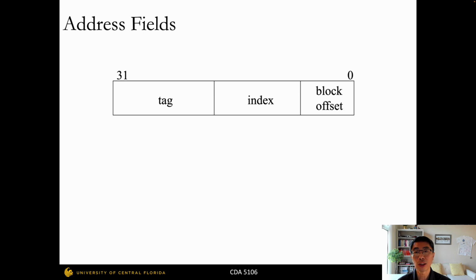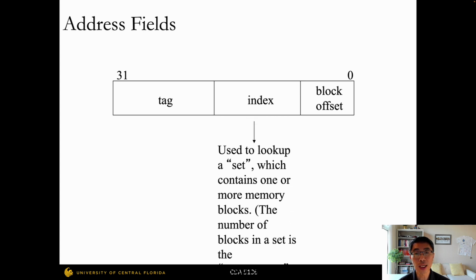That means every load and every store instruction will provide an address that is 32 bits long, and we have to figure out how these bits are used by the cache. The middle bits are called the index. This is used to find the set, so it is used to look up a set which contains one or more memory blocks.